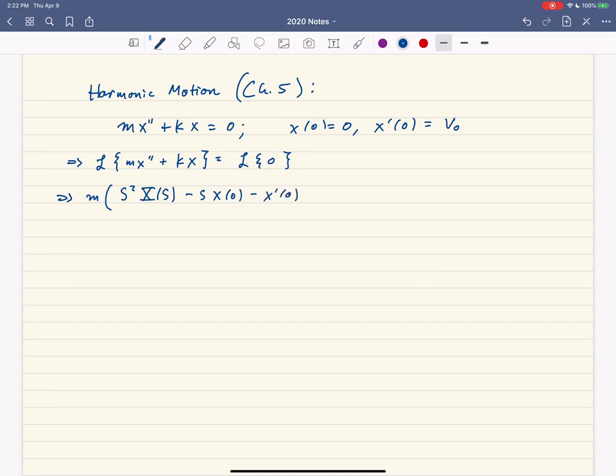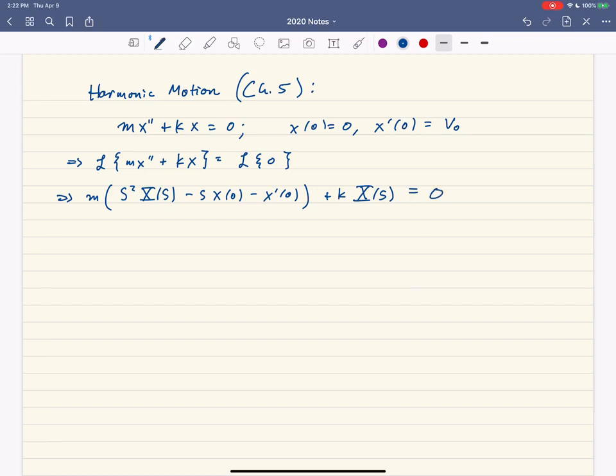I erased too much there. There we go. So that's the Laplace transform of x double prime, plus k times the Laplace transform of x, which is capital X of s. And that's going to be equal to the Laplace transform of 0, which is 0.